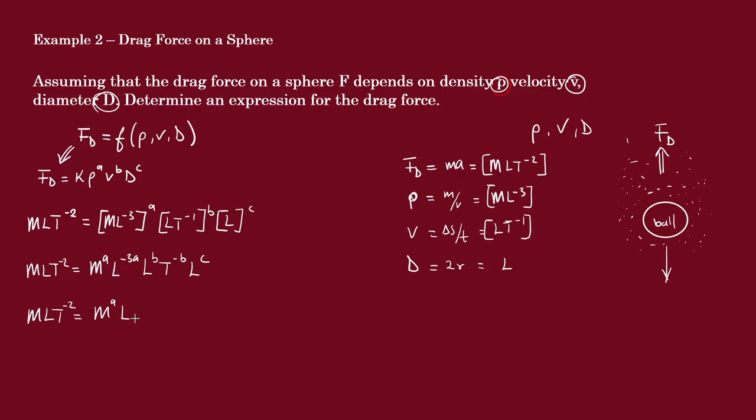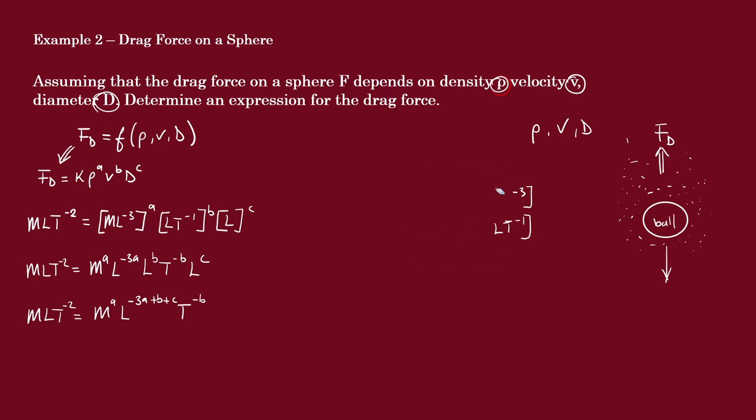L, you're going to sum everything together. So that's minus 3a plus b plus c. All right, and T is just to the negative b. So we've done the difficult part of the expression of solving through Rayleigh's method, which is finding the dimensions of every involved variable and making an appropriate substitution.